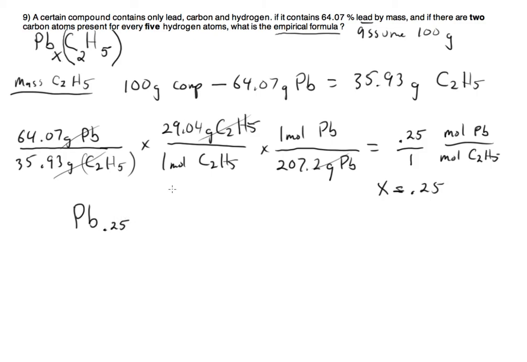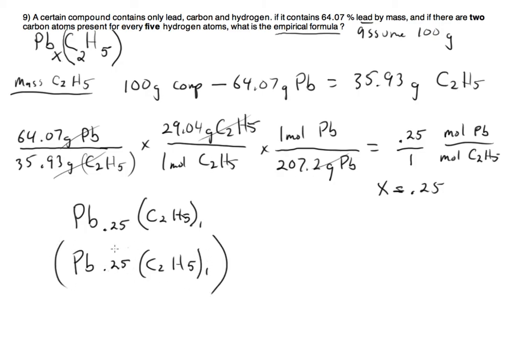Maybe you already know what to do. And then C2H5 gets a 1. So now I need to remember my multipliers. If I have a 0.25, what do I multiply this whole thing by in order to make it a whole number?